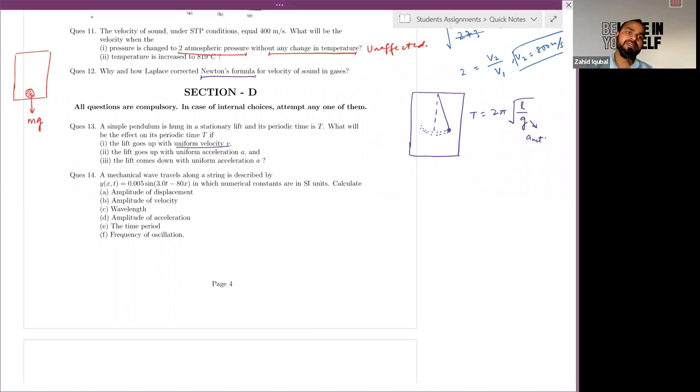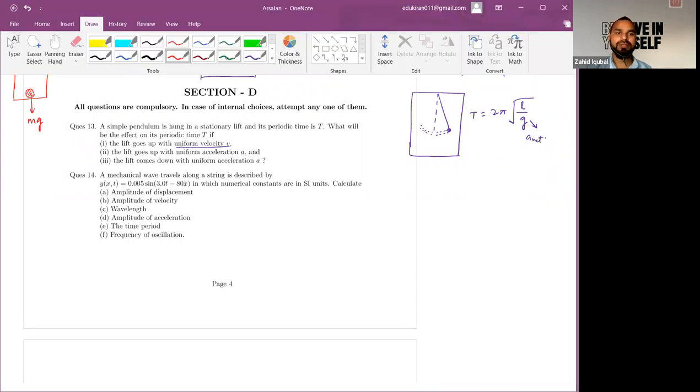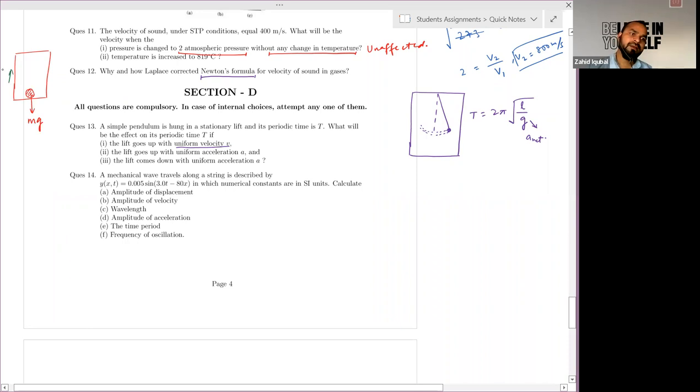Now suppose the system starts accelerating upward at some acceleration a. What will happen? If the system starts accelerating in any direction, will there be any change in force or will it remain mg?